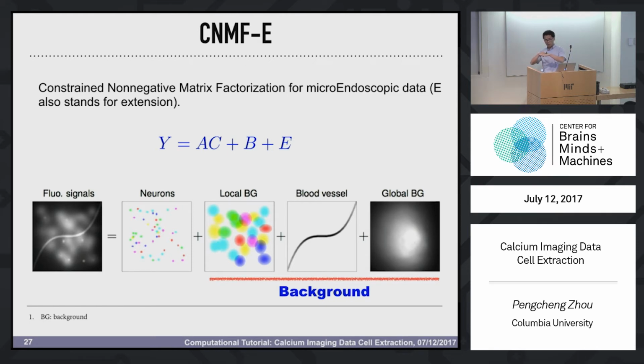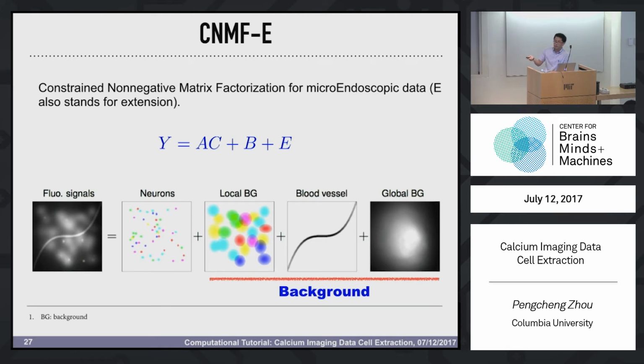In this focal plane, neurons are in this focal plane. But you also record some signals from planes above or below this focal plane. And because of the blurring, the shapes are usually much larger than neurons in the focal plane. And they contribute as a contaminating signal.